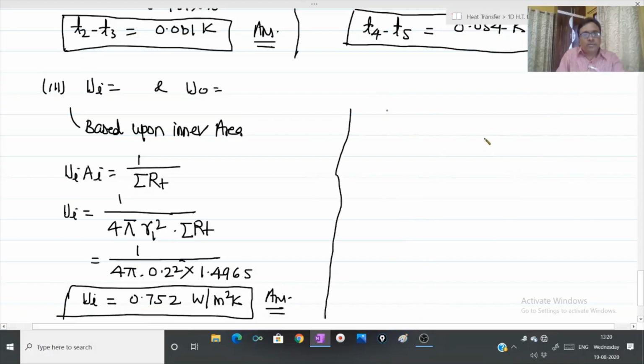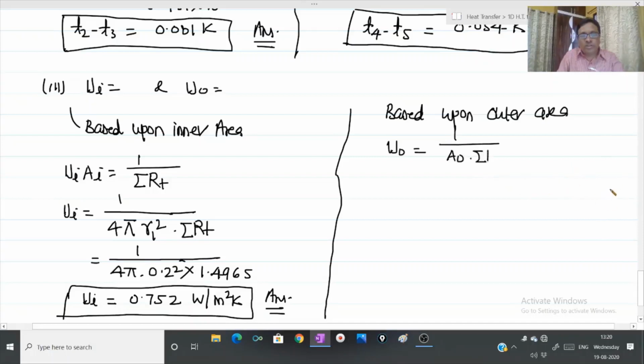Then, based upon outer area, Uo will be equal to 1 over Ao into summation of RT, where Ao is the outside area, 4 pi R4 square.